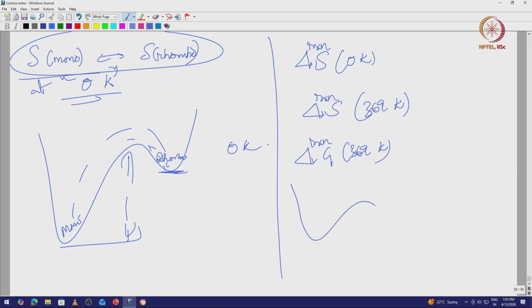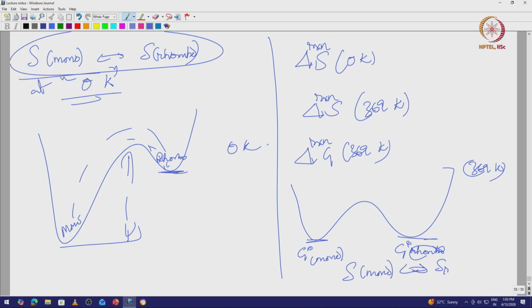At 369 Kelvin, G naught of mono is equal to G naught of rhombo. This is at 369 Kelvin, right. So, if the reaction is S mono to S rhombo, delta G of the reaction at 369 Kelvin is equal to G naught rhombo minus G naught mono, which is equal to 0, right.